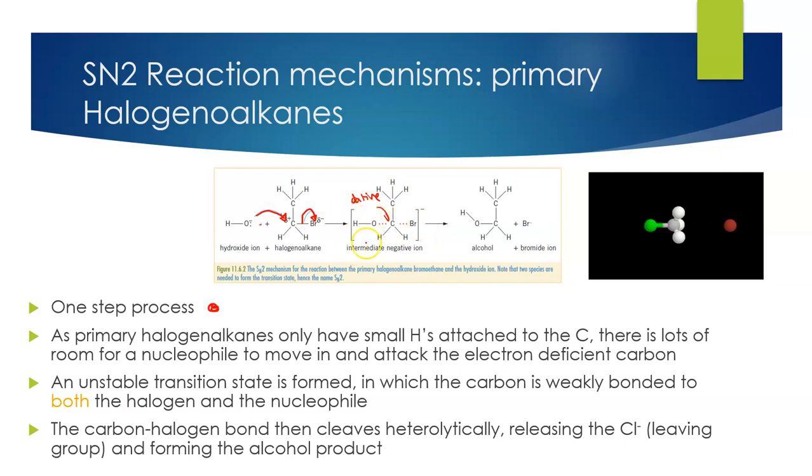We also put the species in brackets, and the negative charge from the nucleophile is now up here being distributed across the whole molecule until the bond with the carbon is broken. This carbon-halogen bond is a heterolytic cleavage, so it releases the chloride anion and forms the alcohol product. So in these substitution reactions, as we've seen previously, we will get 2 products forming.